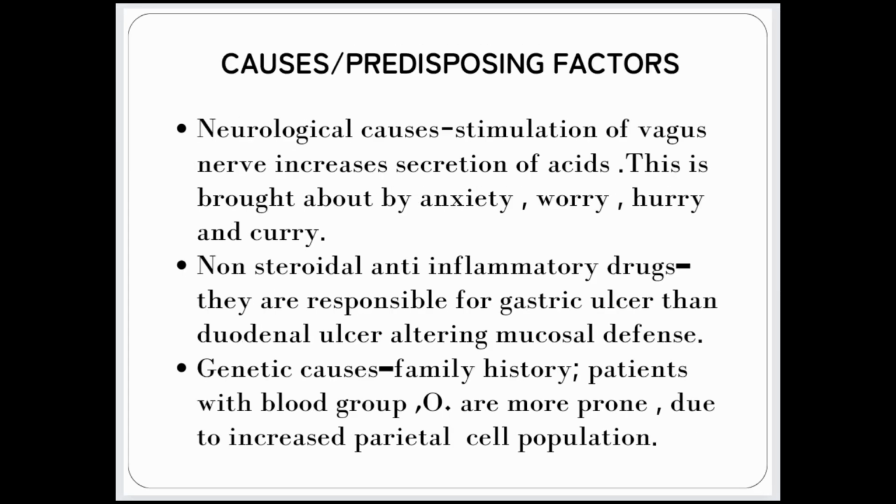Next, what are the causes or predisposing factors? Neurological cause. Stimulation of the vagus nerve increases secretion of acids. This is brought about by anxiety, worry, hurry, curry. Nowadays it is very common in people who are software workers and so on. Anxiety means too much stress in your job, and worry means tension, then hurry is having food very quickly, and curry in the sense of extremely spicy food.